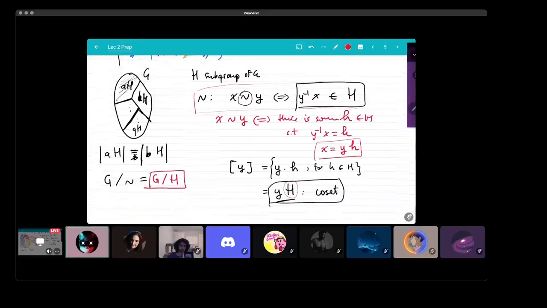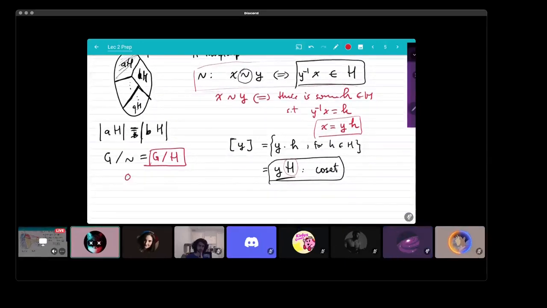This is a quotient set containing all the gH for any g in G.